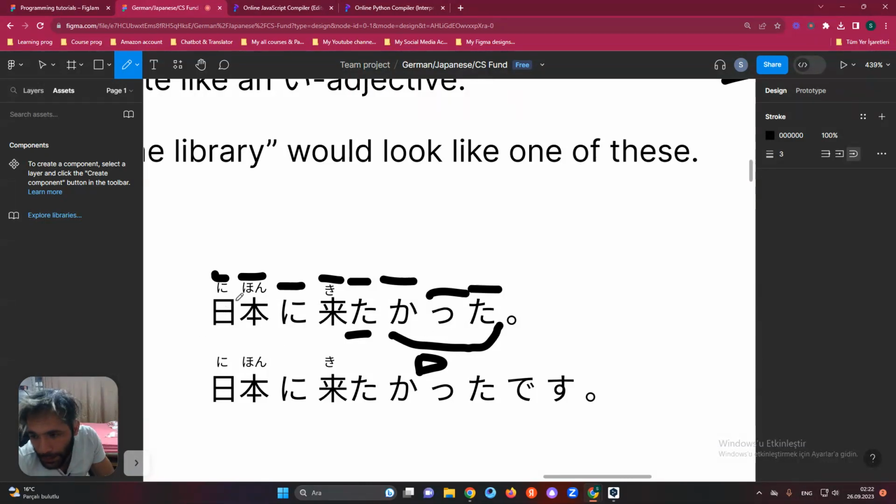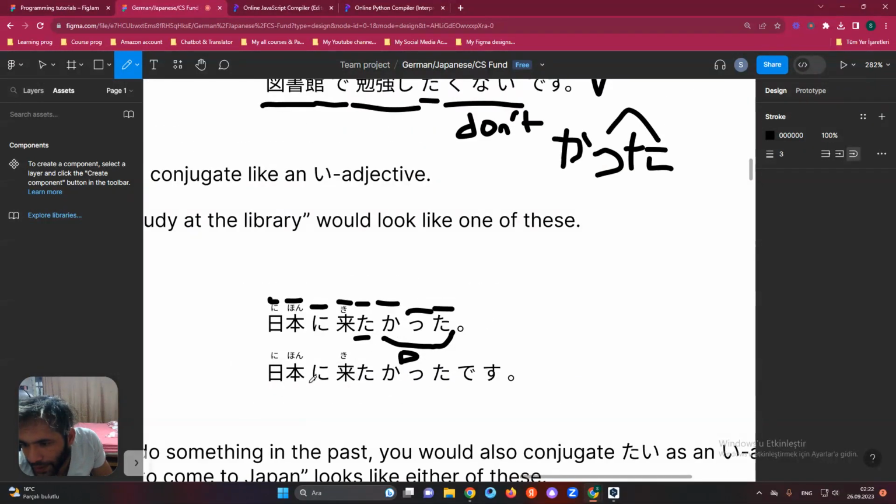日本に行きたかった。Like you want to come at house, something like this. And the second one is 日本に来たかったです。This is a much more polite way, okay?